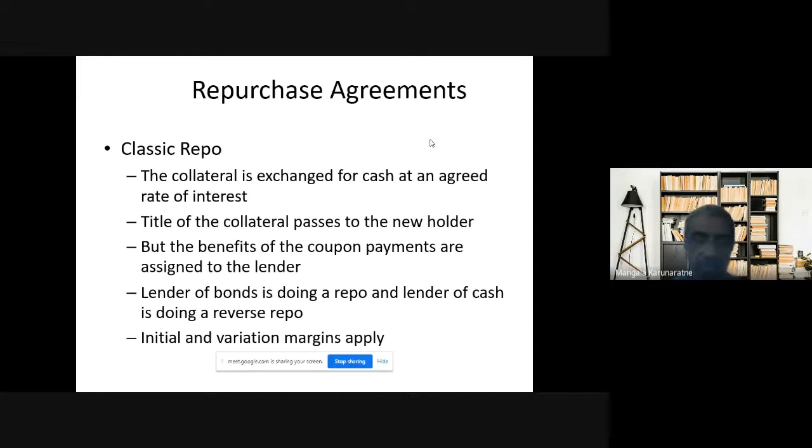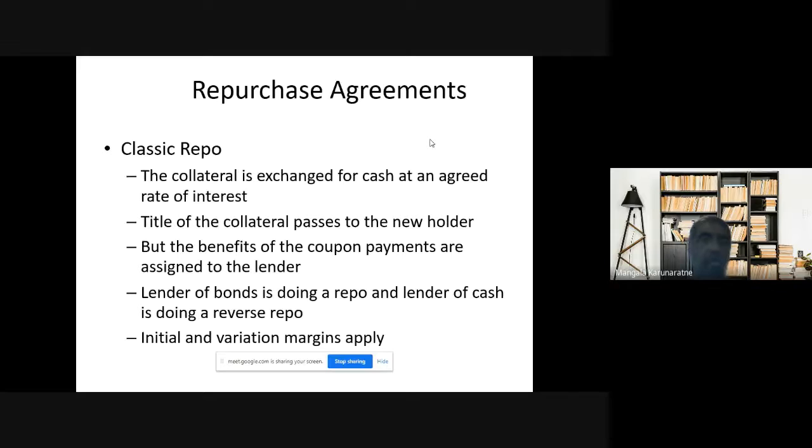So the title of the collateral passes to the new holder. When this exchange of cash for securities happens, the title of the securities passes to the new holder.